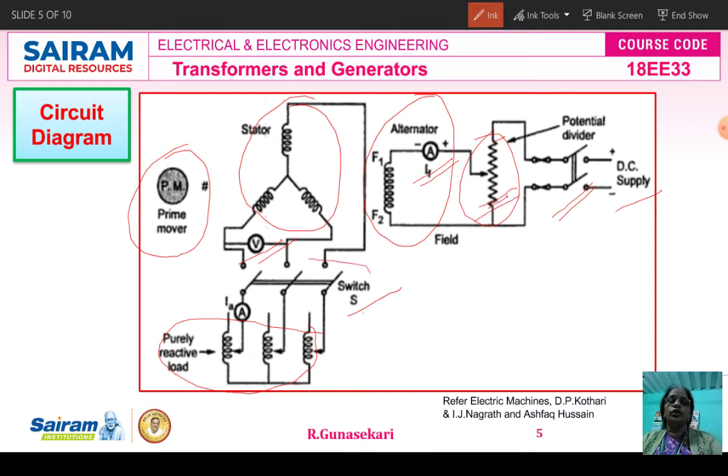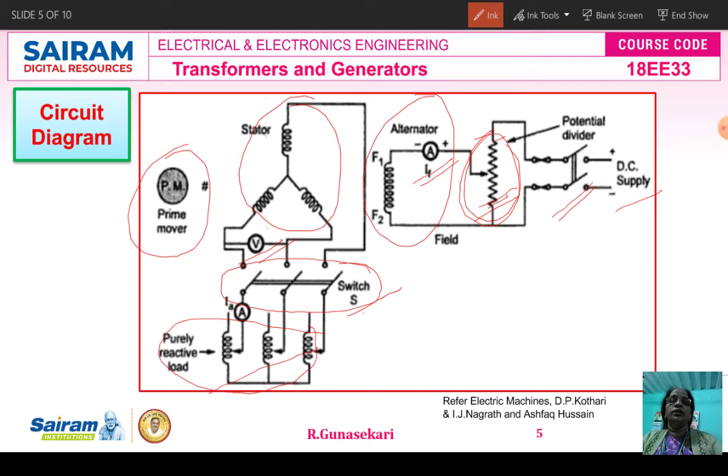Under the open circuit test, the DPST switch is kept open. For conducting the full load zero power factor test, the DPST switch is closed. Now you can vary the field rheostat. At the same time, you can vary the purely reactive load also.